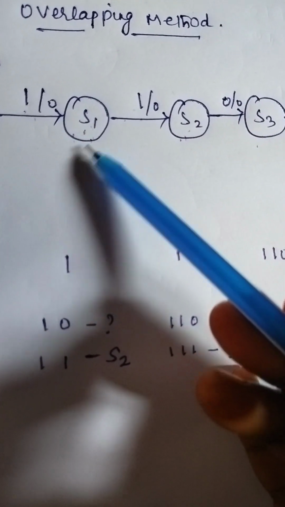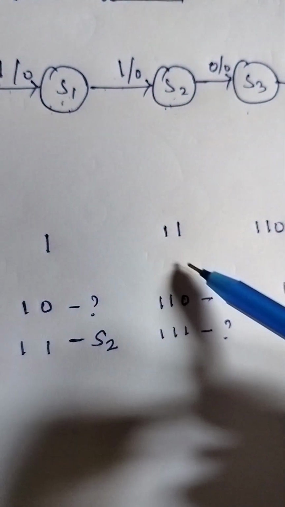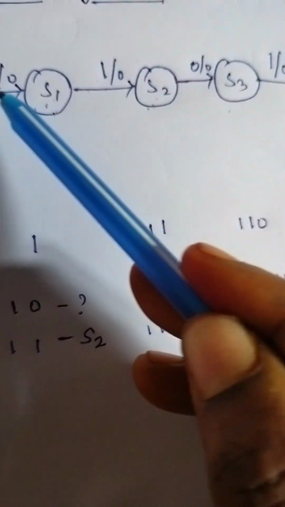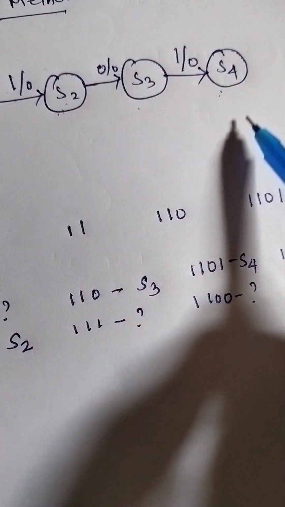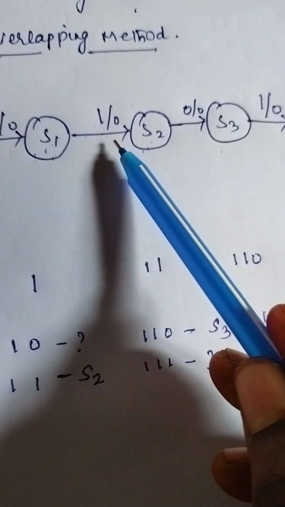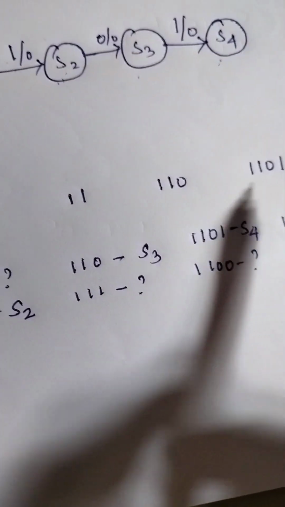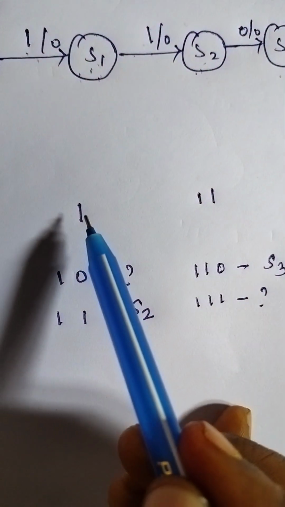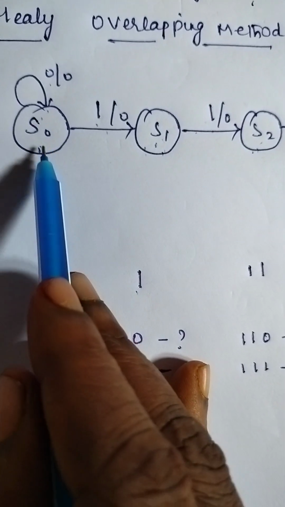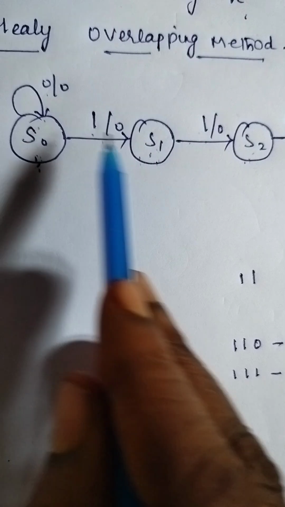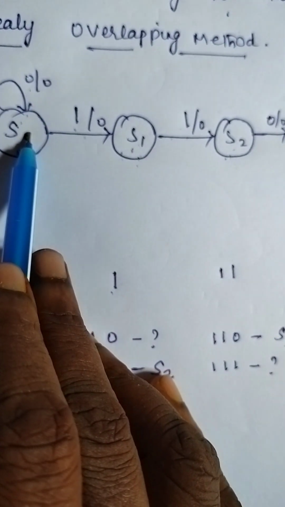S2 is these 2 bits, 1 1, and S3 means my bits 1 1 0. Next S4 means 1 1 0 1. I have written all the bits. It starts from S1 because S0 is completed. If you are taking S0, if your input is 1, it moves to S1. If it is 0, it retains in the same state.